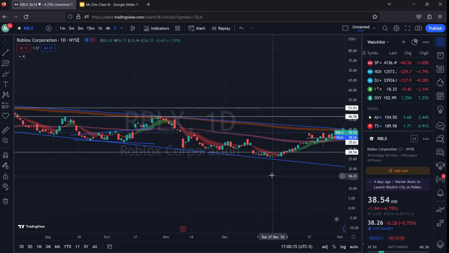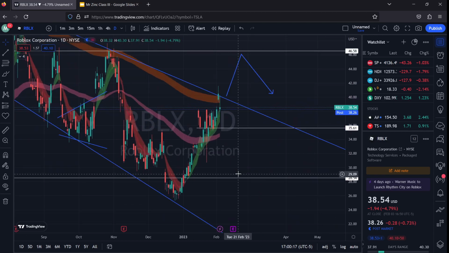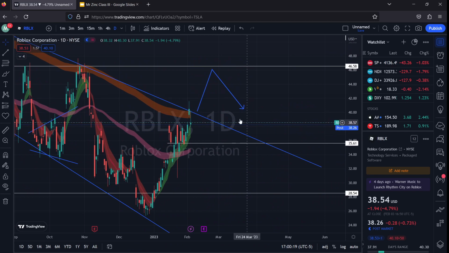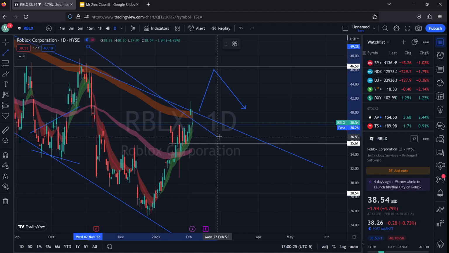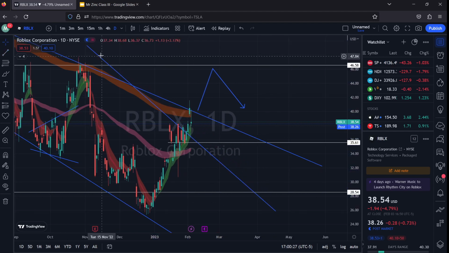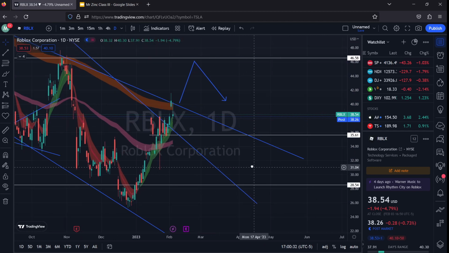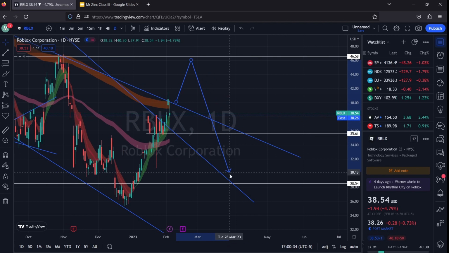So for example, this is a descending broadening wedge. It would be easier for the price action to retest this in contrast if the price was continuing down like this. So if this was a descending wedge, it would be more difficult for the price to come all the way back down to, say, 28.54 than it would for the price to come all the way back down to 37, 38.